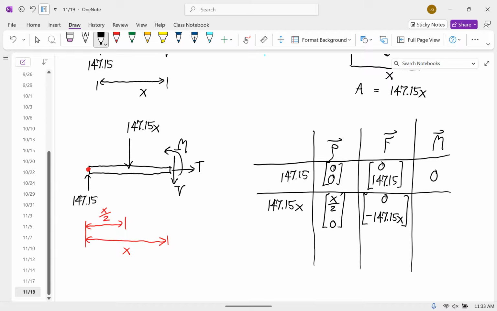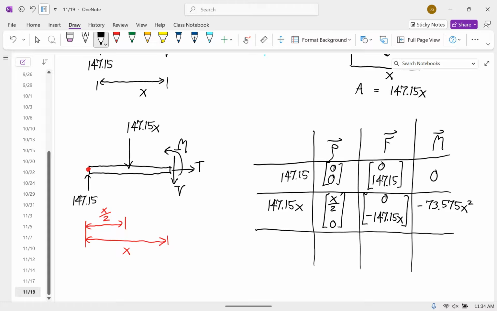So the cross product here is negative 73.575 x squared. Just notice I'm doing all the exact same steps that we did for rigid body statics.